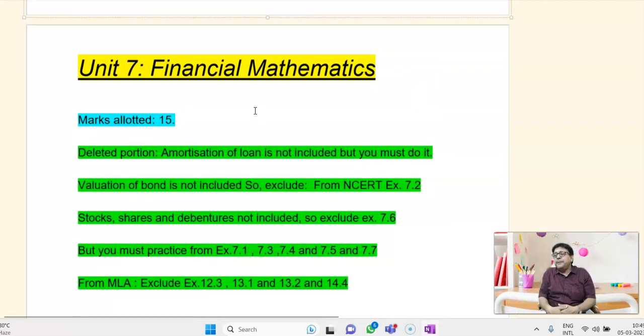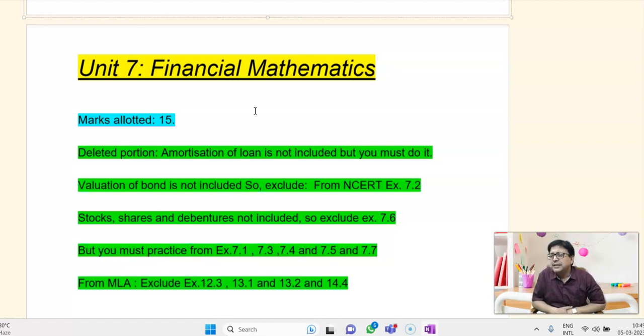Why? In financial mathematics, if you go through the topics, there is sinking fund, there is calculation of EMI, calculation of returns, nominal rate of return, compound annual growth rate, CAGR, and linear method of depreciation. Only these 5 topics you need to know, and it will carry 15 marks. If you divide, 3 marks from each topic.